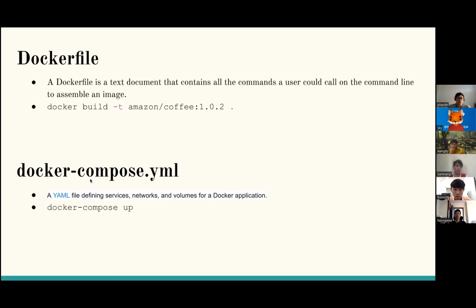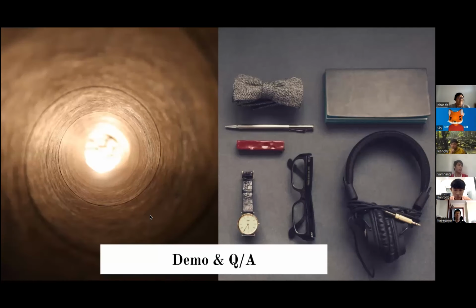It's a YAML file containing services and defining the service network for the application. To start up the Docker application, we use docker compose up. That's all for this introduction, and I'm going to show a short demo of Docker Compose.